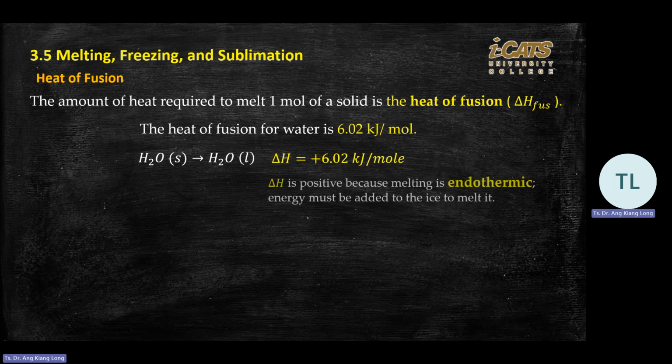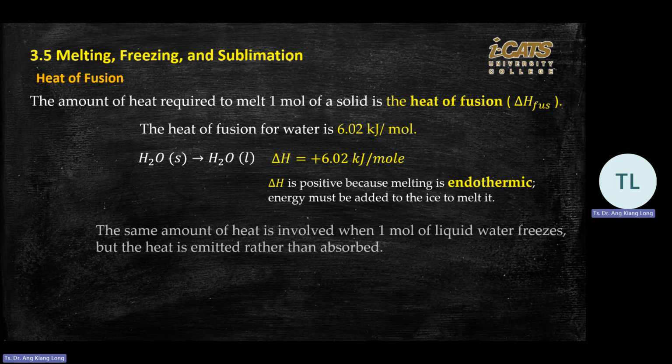Okay. So again, positive is receive. Positive is endo. Negative is exothermic. So you should be able to write the same equation if the question asks you to write an exothermic chemical reaction. How do you write an exothermic reaction using this as a reference? For example, how do you freeze water?